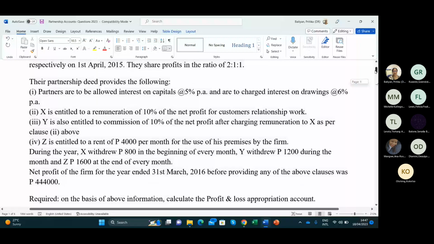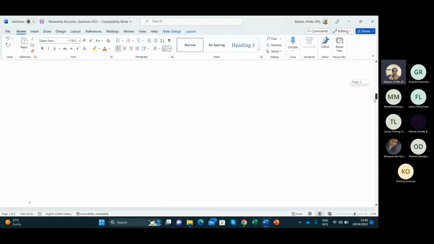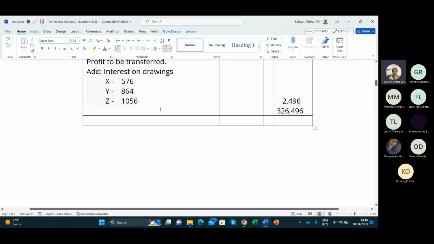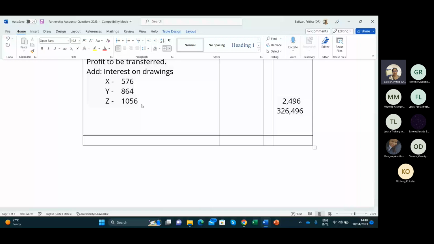Okay. So we will write, because it's transferred to the current account, you can write to current account or to capital account. Normally we write to current account.